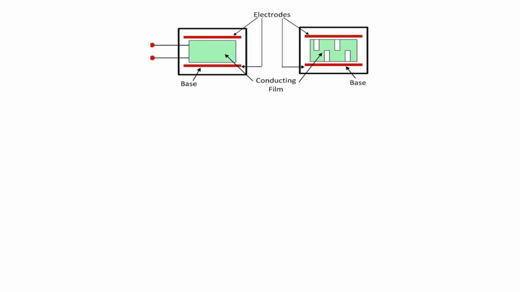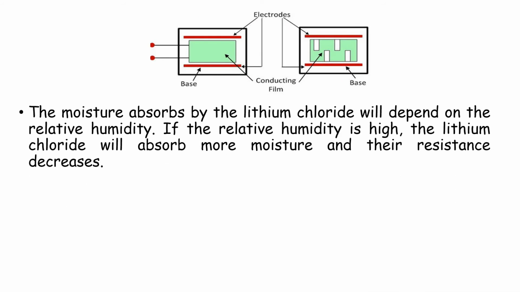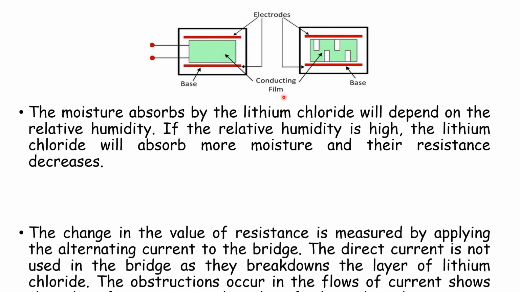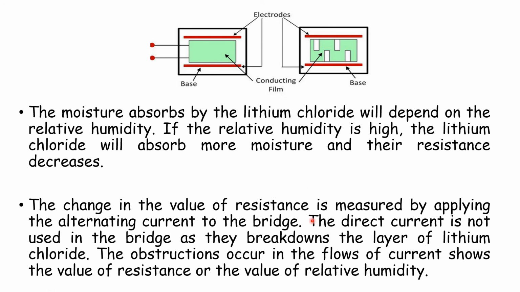The same diagram is given here for your reference, and what happens is that the moisture gets absorbed by the lithium chloride depending upon the relative humidity. If the relative humidity is high, the lithium chloride will absorb more moisture and the resistance changes. If there is a change in resistance, it is measured by applying alternating current to a bridge, and the current flow shows the value of resistance, or the value of relative humidity.